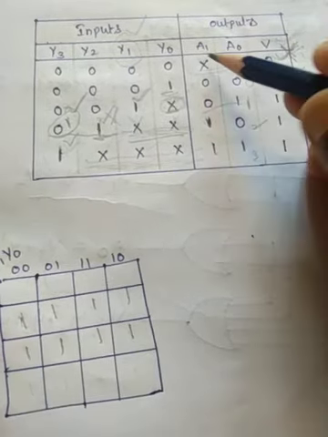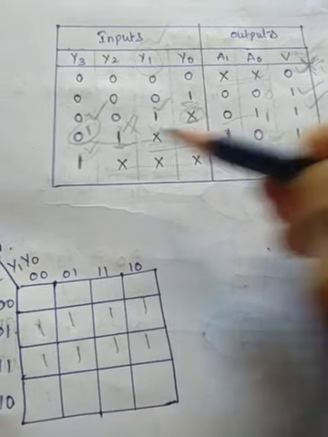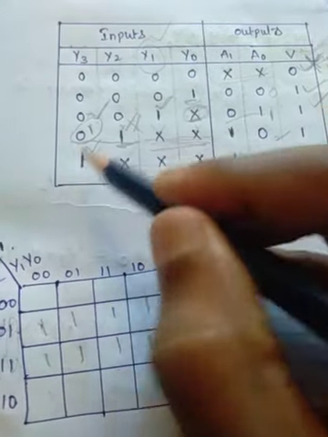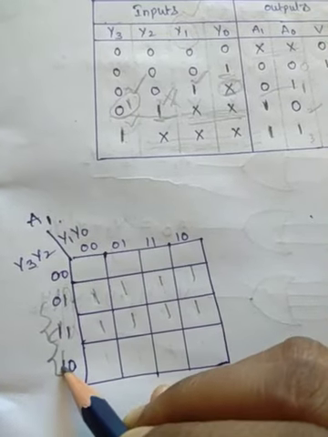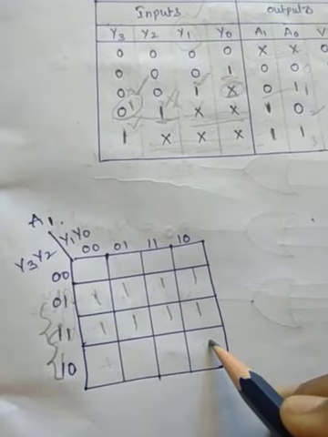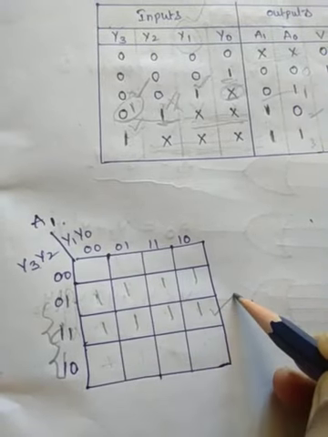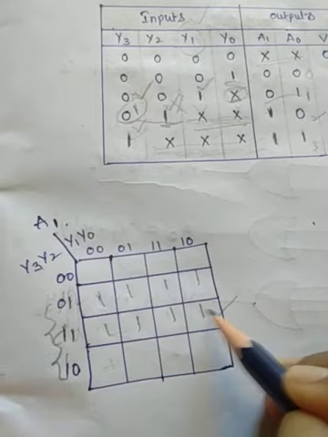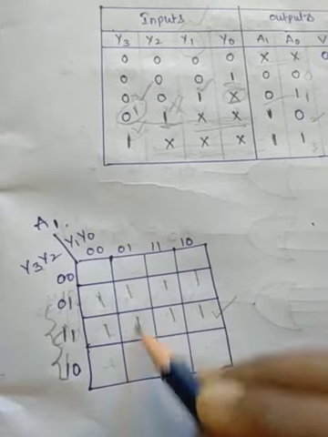Next, a1 is also high for y3. So y3 is 1 in these two cases. We have to consider these two rows. Here ones are already there in these cells, so there is no need to place ones again.